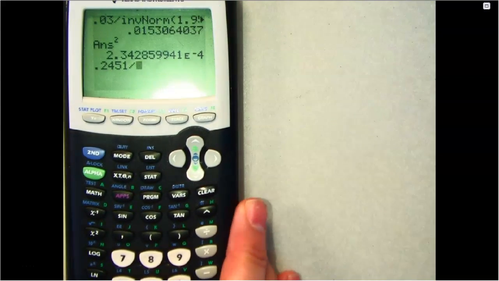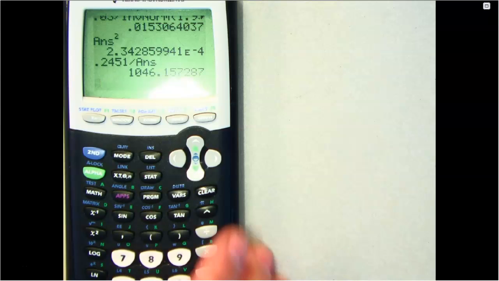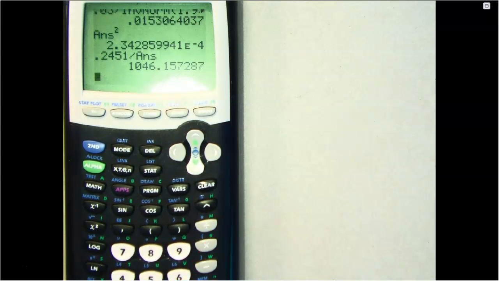So I'm going to do 0.2451 divided by second, negative sign. It'll grab your previous answer, not round it, keep all the decimals in there. That's all right. 1046.1.